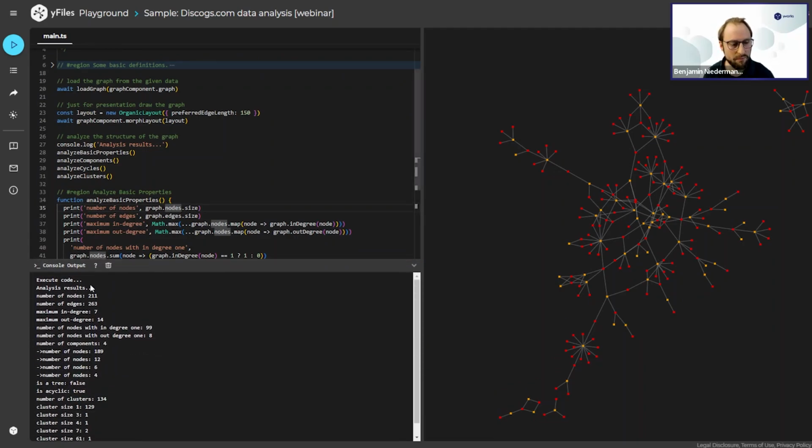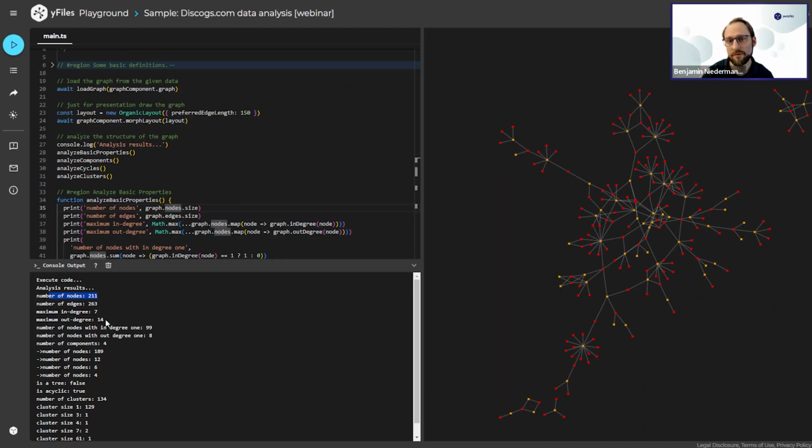I output this here in this terminal, getting some basic information. What I get is, for example, that this graph consists of 211 nodes and 263 edges, so it's basically in balance. And we have a maximum out degree of 14, which is actually important information for us.